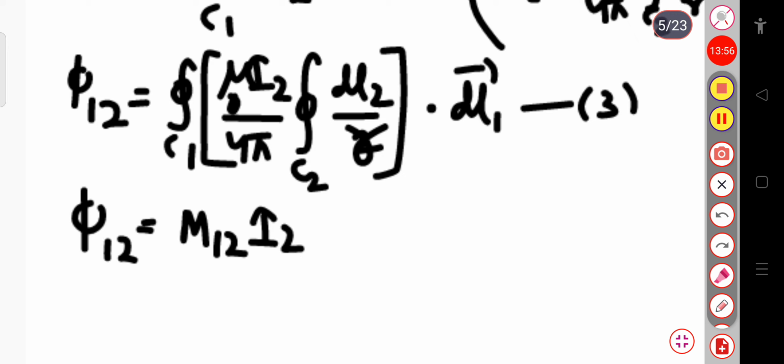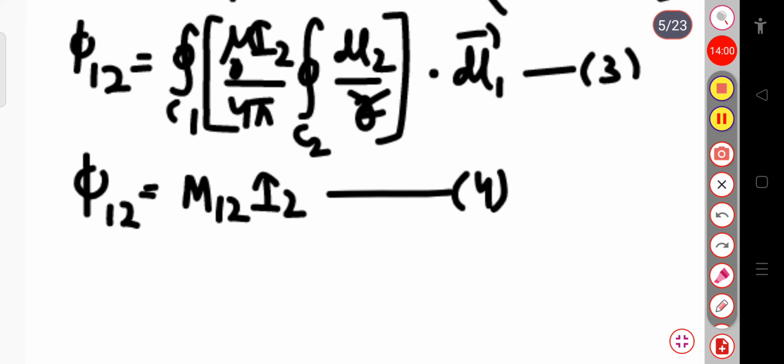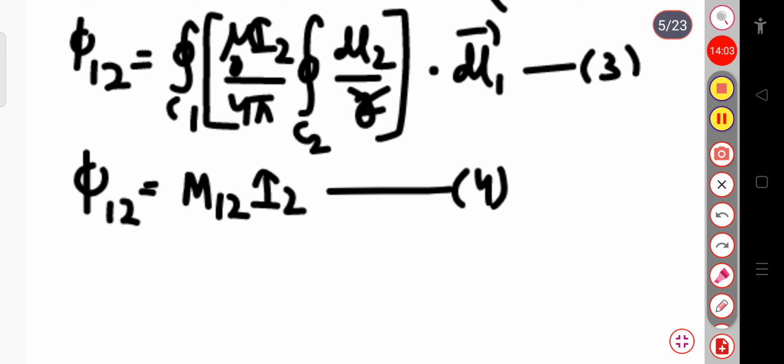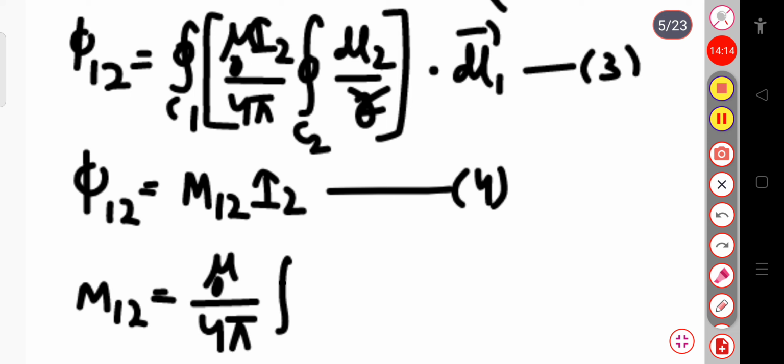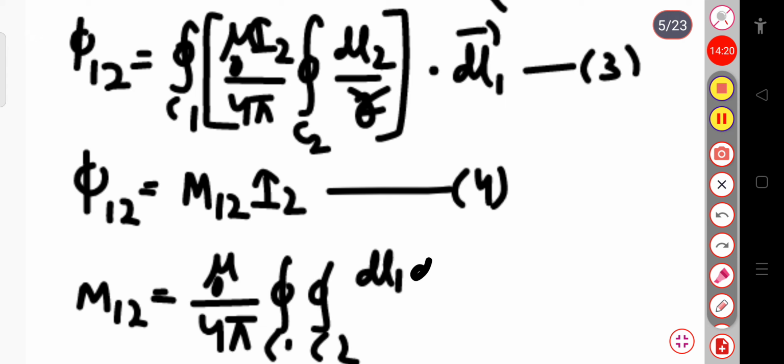So here if I compare equation 3 and 4 like equation 1 and 2, then the value of M12 will be equal to mu naught divided by 4 pi integration over C1 integration over C2 dl1 dl2 divided by r. This is the value of M12.